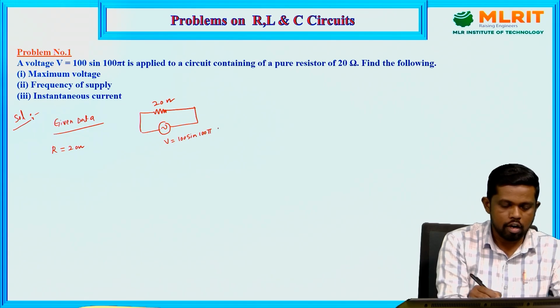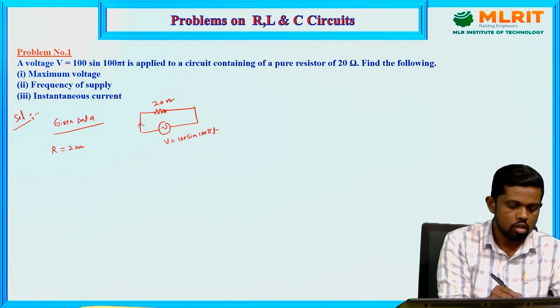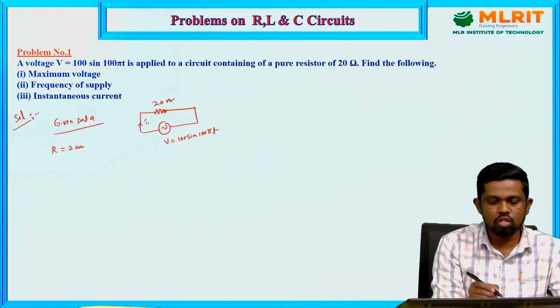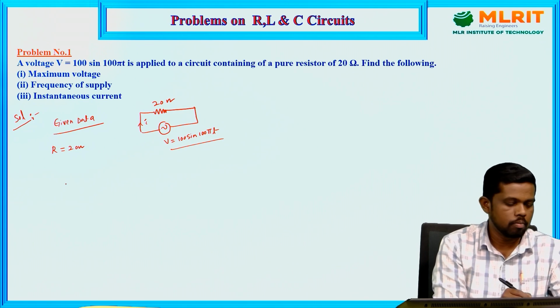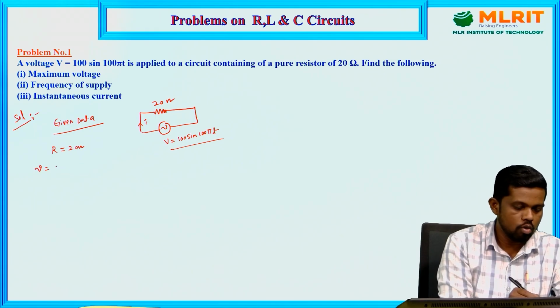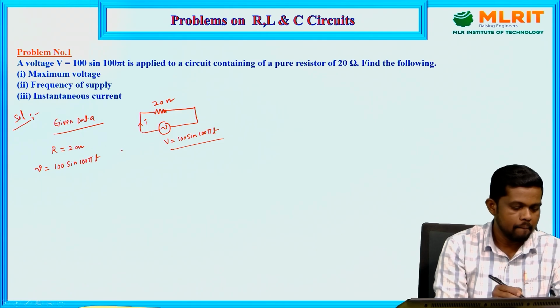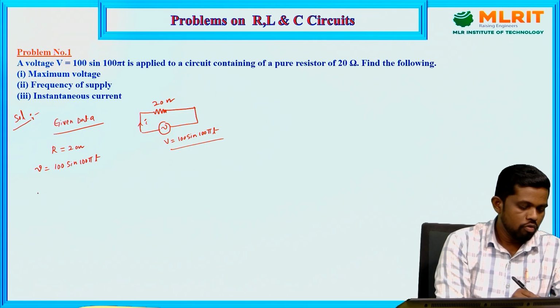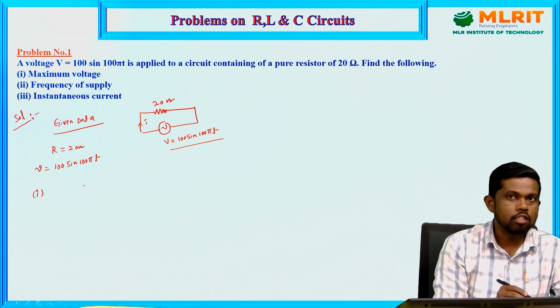This is the applied voltage, and it drives some instantaneous current. For this, we first need to find the maximum value of voltage.